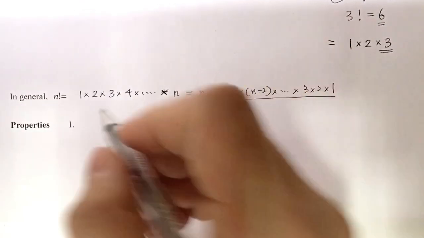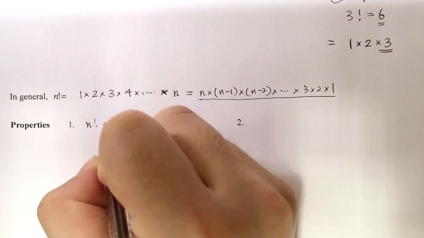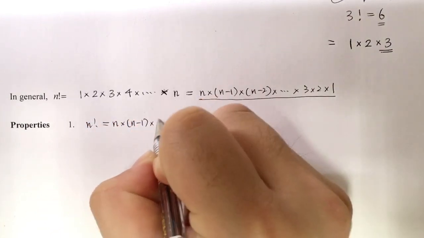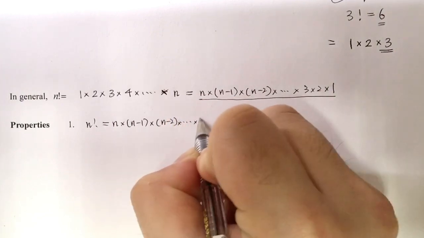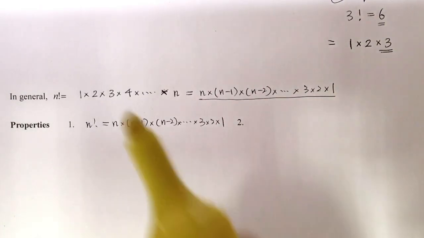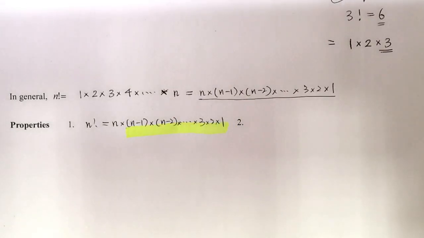The first one: since we know n factorial is actually n times n minus 1, n minus 2, and so on up to 1. Keep the first term, and for the second term onward till the end, what can you see?